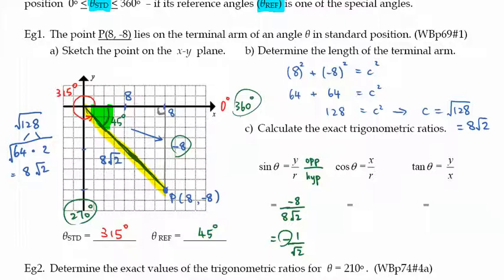Using the same concept, I can now calculate the cosine ratio. The cosine ratio in this quadrant involves the use of adjacent and its hypotenuse. And it basically will involve the use of the x-coordinate of this point divided by, once again, the length of your hypotenuse. And in this case, it will give us a positive ratio.